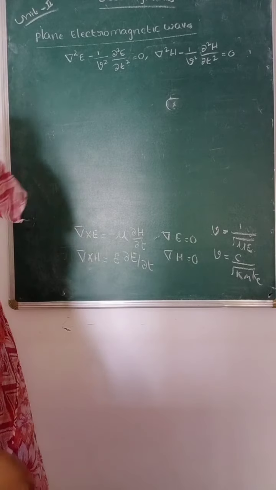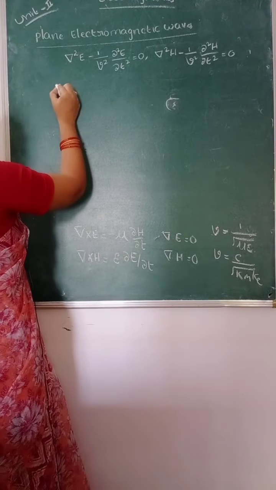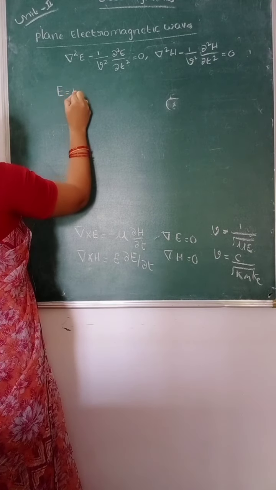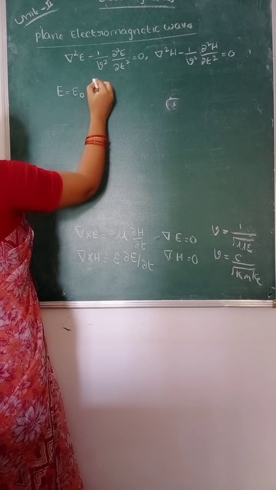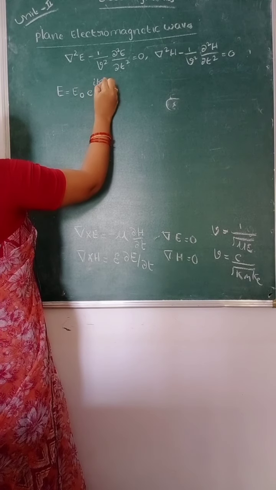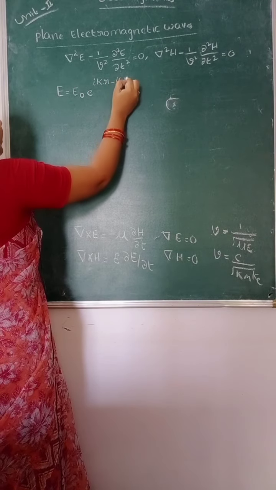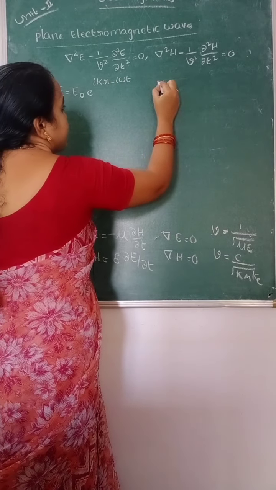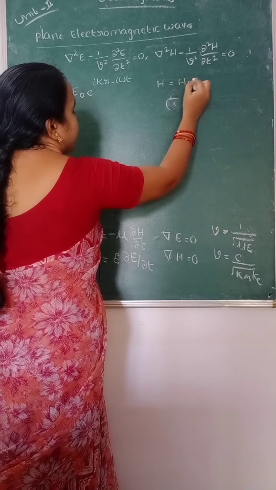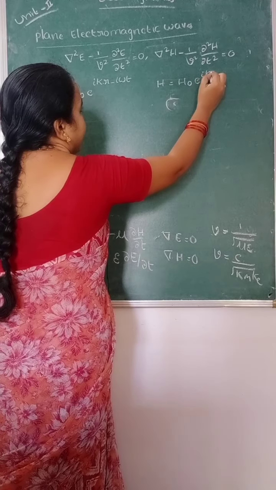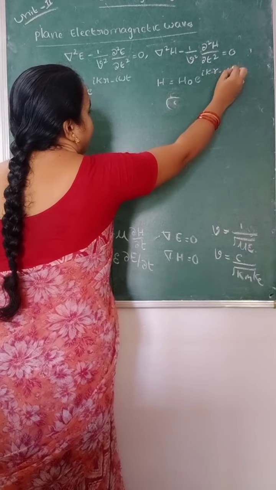Let us assume that the solution of this equation is E is equal to E naught e power i k dot r minus i omega t. Let the solution be H is equal to H naught e power i k dot r minus i omega t.